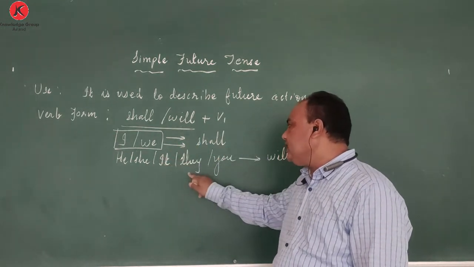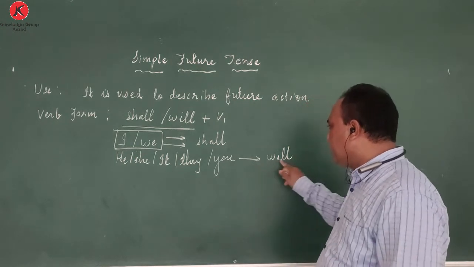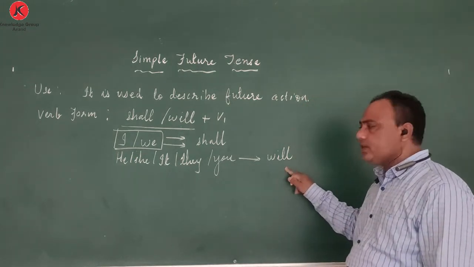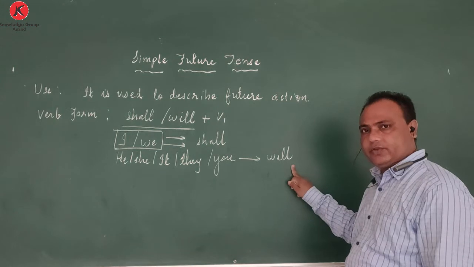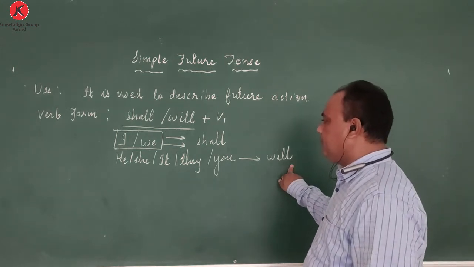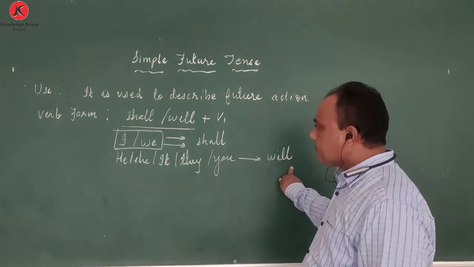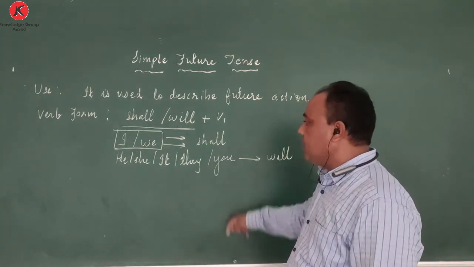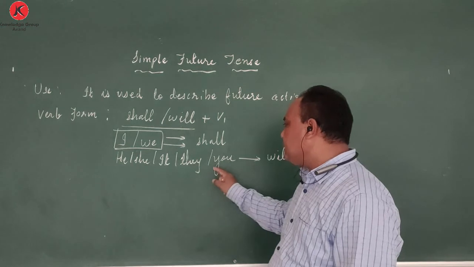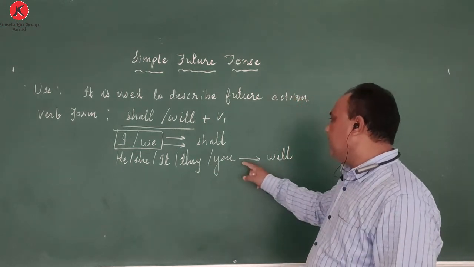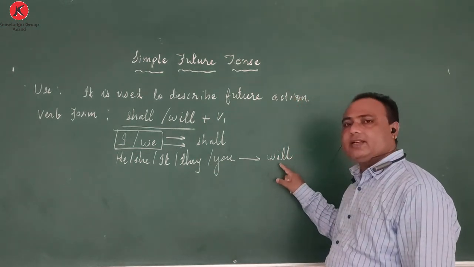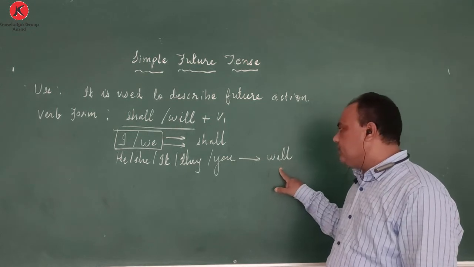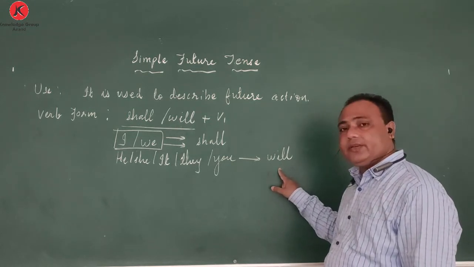But he, she, it, they, and you will always go with will. That is what you need to remember. With I and we can use will, but he, she, it, they, you will never take shall. It converts the sentence meaning into negativity.